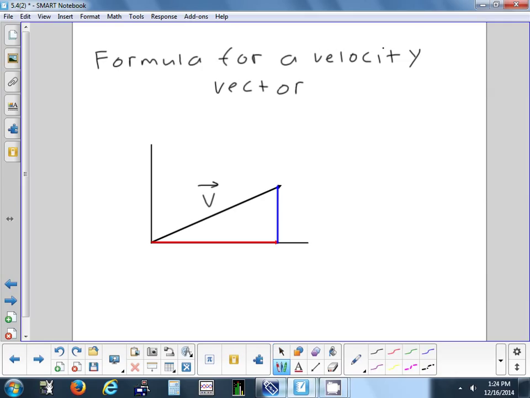Now, this part here would represent the ground. This black line up at an angle, that's like the hypotenuse. That's the angle you're throwing it at. Let's call that angle alpha. And let's give names to our horizontal, the red vector, and the vertical, the blue vector. I used x and y to name them.